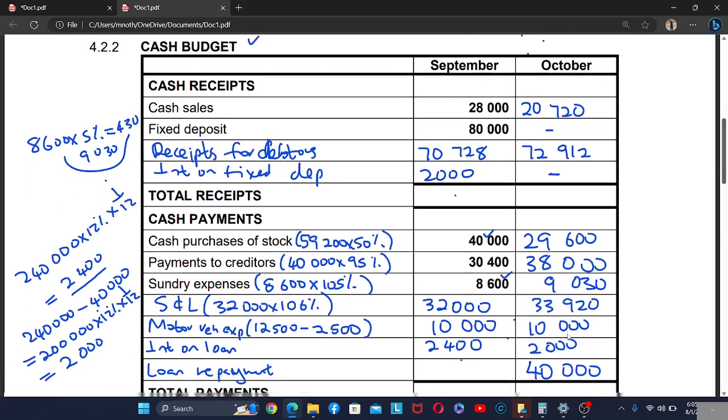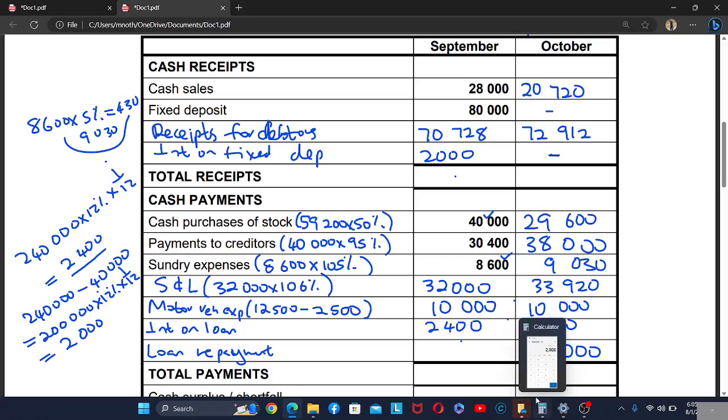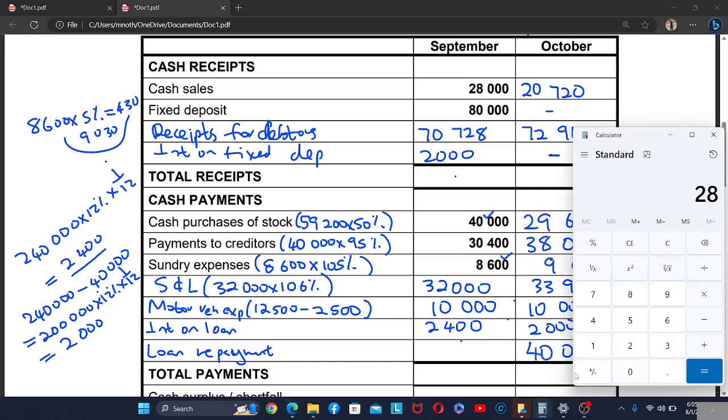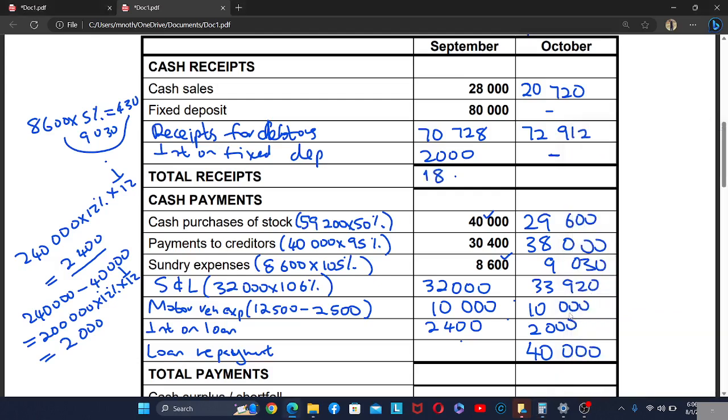Now let's calculate the total receipts. For September, 28,000 plus 80,000 plus 728 plus 2,000 is equal to 110,728.